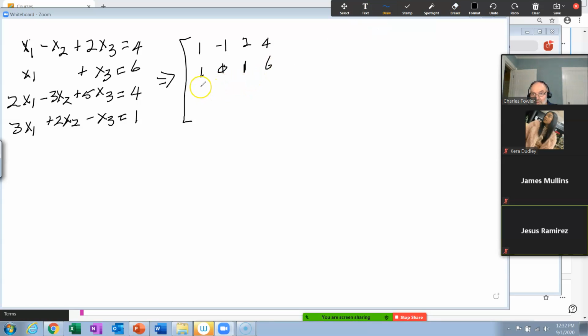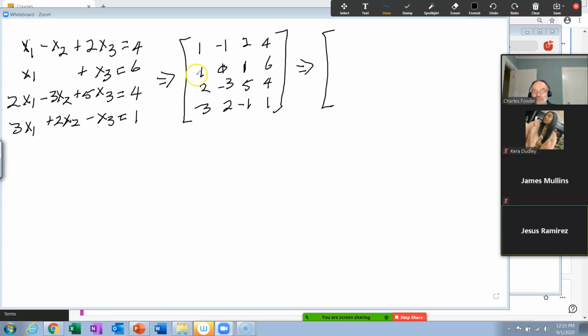Next one. 2, negative 3, 5, 4. Last one. 3, 2, minus 1, 1. Alright, what do we want to be first? What you've already got. You want a 1 to be in the upper left. We got it already. We thank our lucky stars.